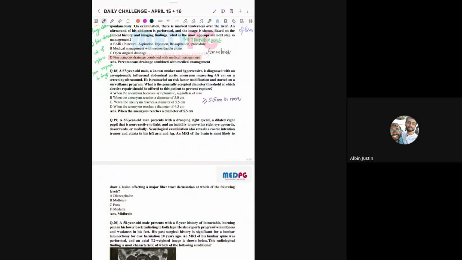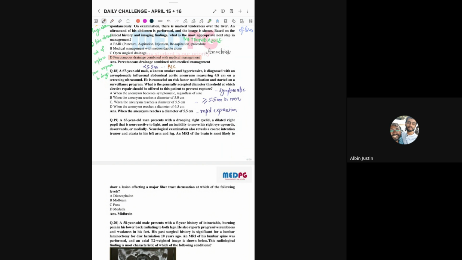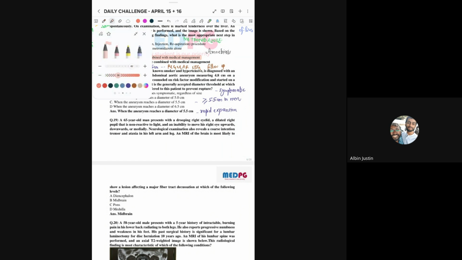Also operate if there is rapid expansion or if the patient is symptomatic. If it is less than 5.5 centimeters, then just observe with regular ultrasound follow-up. So, abdominal aortic aneurysm greater than or equal to 5.5.